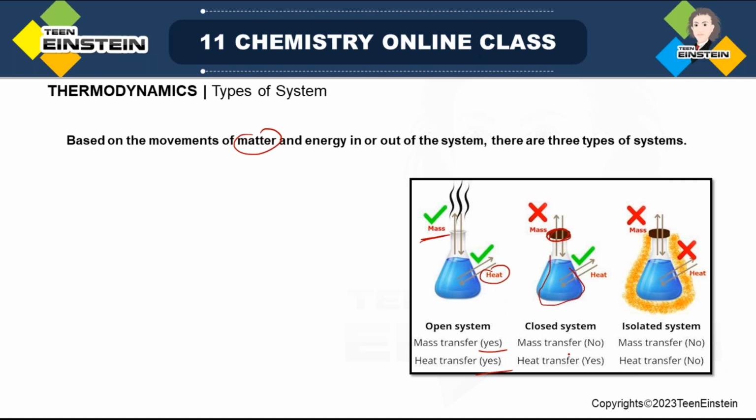So here mass transfer is restricted, only heat transfer, that is energy transfer, is possible. So this is called closed system. And then there is isolated system where both are restricted. Mass transfer no, heat transfer no. So you cannot exchange anything.